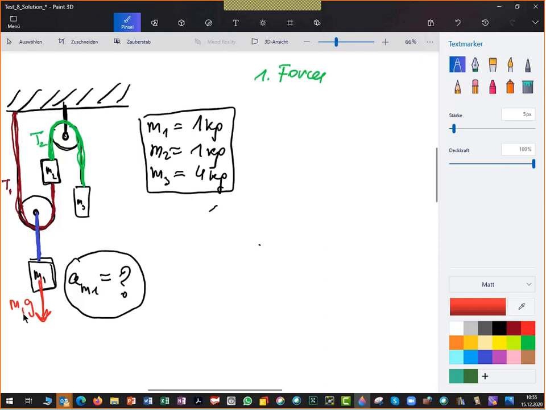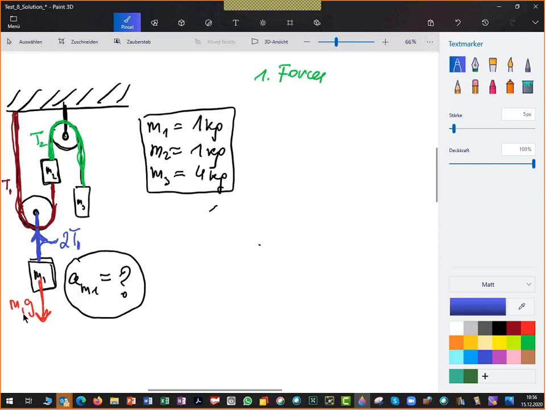Well, if I call the tension of my red rope T1, then all of us know that this tension here must be, guess how much? I think you know, it should be twice T1 because of this pulley system, right? And it acts upwards on the body M1.